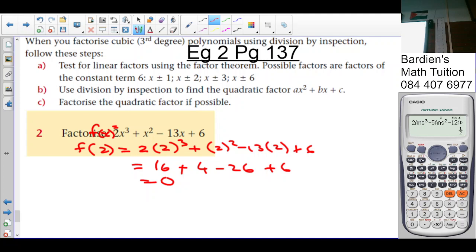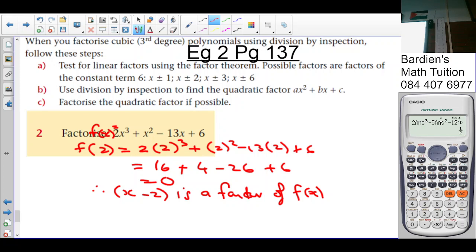So what do I say thereafter? Therefore, x minus 2 is a factor of f of x. But sometimes I don't give you f of x, so you don't have to say it's a factor of f of x. You all okay with that?